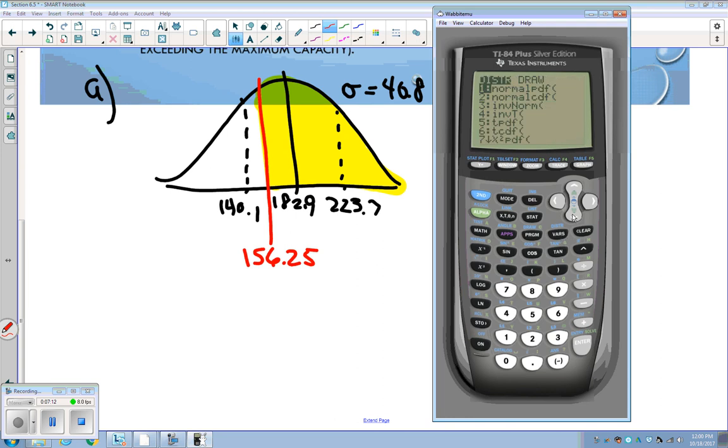So I'm going to my normal curve distribution, and my lower end is going to be 156.25, perfect. My upper end is going to be, and my mu is 182.9 and 40.8. 0.7432.